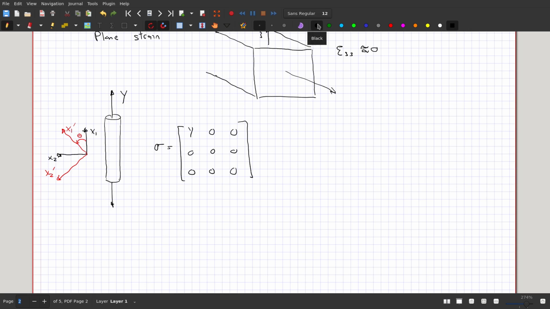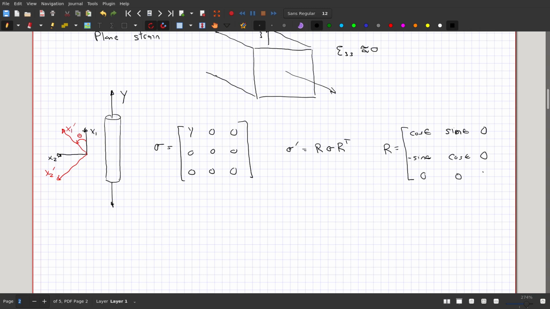Then what we're looking for is sigma prime, and we know we can rotate the stress through a rotation via R sigma R transpose, where R is cosine theta, sine theta, 0, minus sine theta, cosine theta, 0, 0, 0, 1. So that's our rotation matrix.